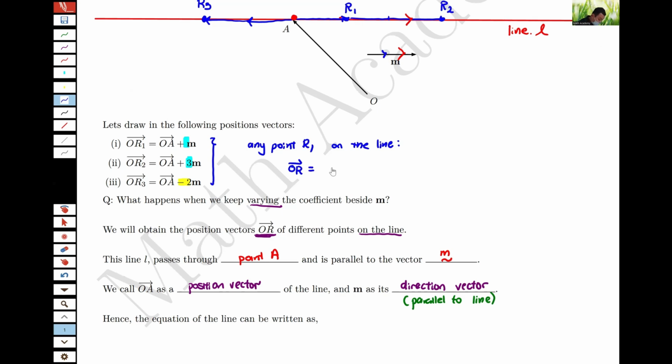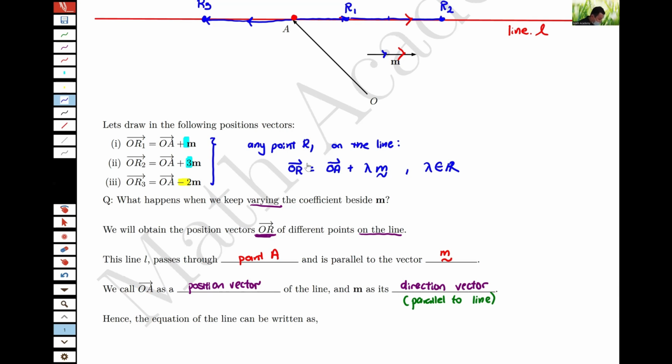So any point on the line will look like OA plus a certain multiple of M, lambda M, where lambda can be any real number. So we write lambda belongs to R. This is how we can present the equation of a point on a line.